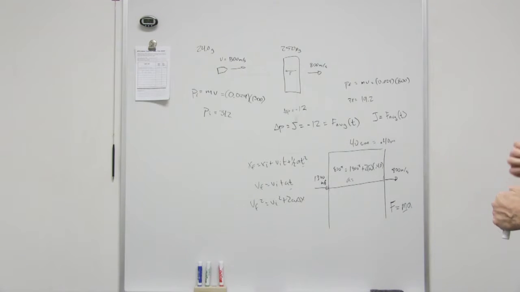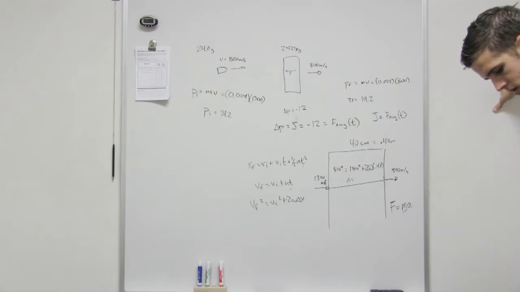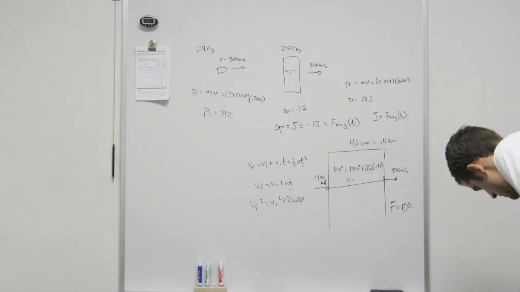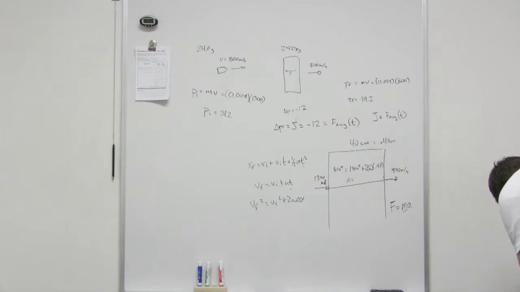So 800 squared minus 1300 squared is like negative 1,050,000.